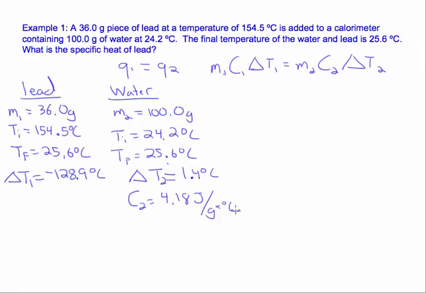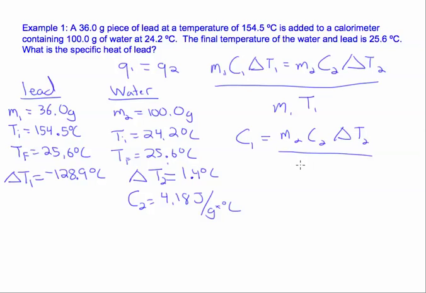So now we can rearrange our equation to solve for C1. We divide both sides by M1 delta T1. So we get C1 equals M2 C2 delta T2 over M1 delta T1. It doesn't matter if you decide the metal or the water is 1. I just picked the lead to be 1 because it was listed first in the problem.